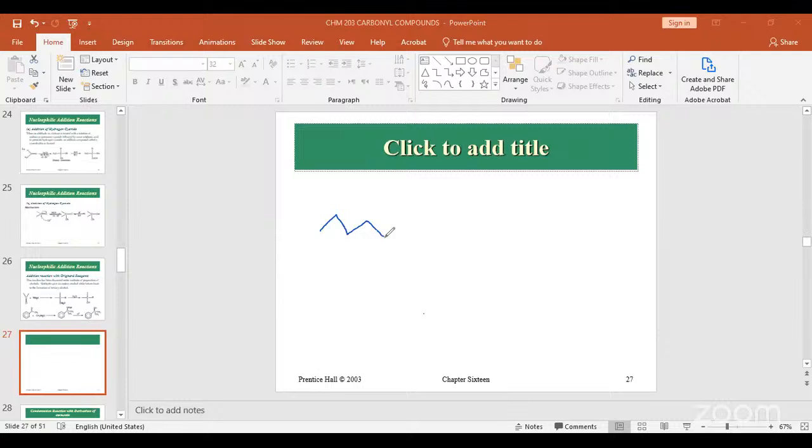I was given this compound, and I was told that it was obtained from a reaction of RMgX.